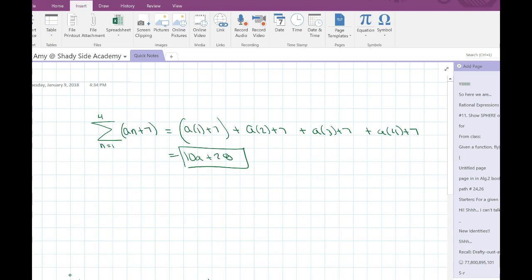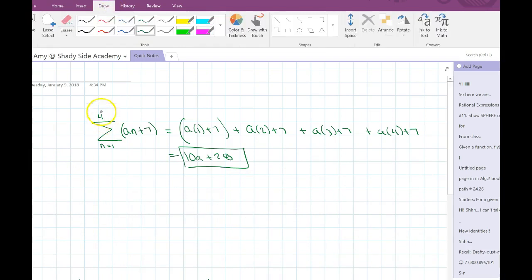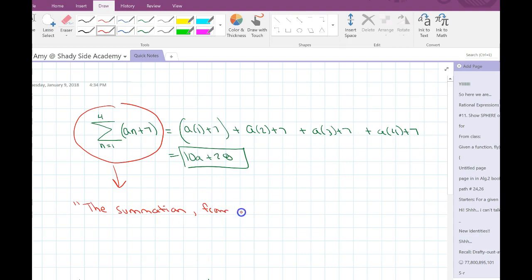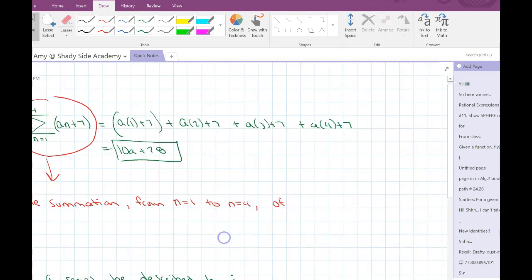One thing I want to make sure that we do here is that when you read this, I want to make sure you know how to say it correctly. You say the following: the summation, from n equals 1 to n equals 4, of the quantity a_n plus 7.